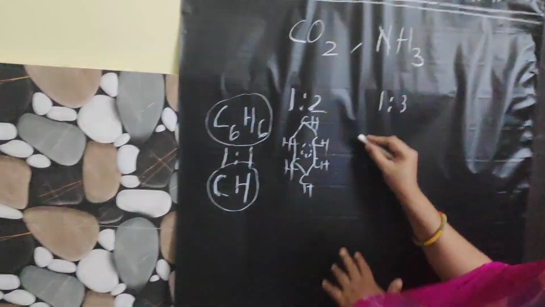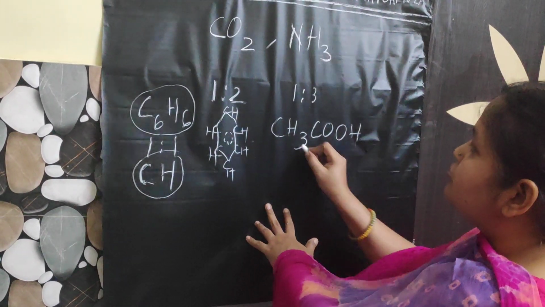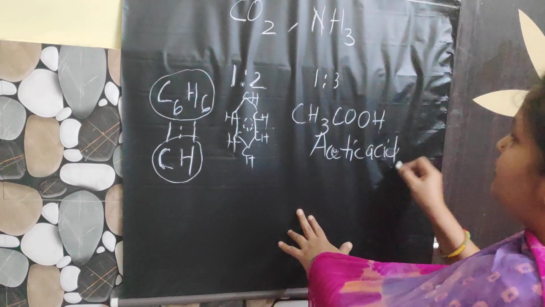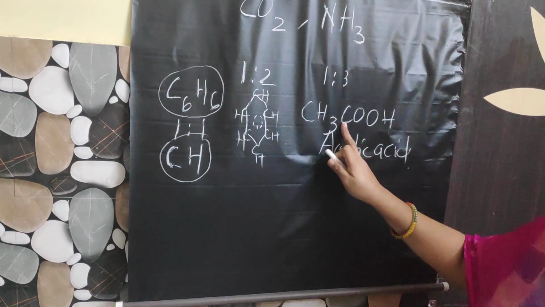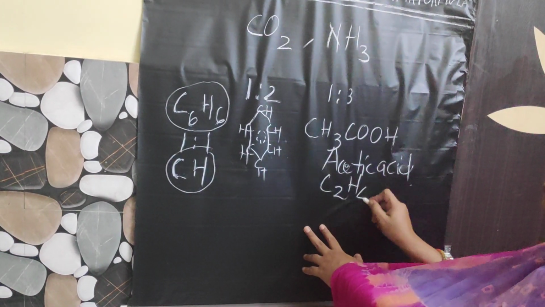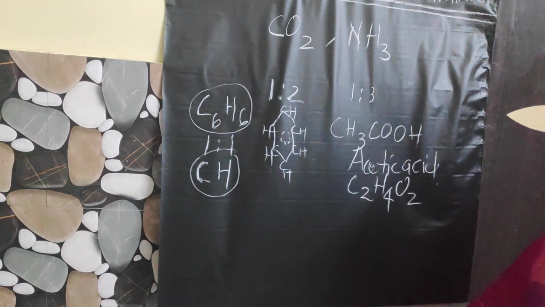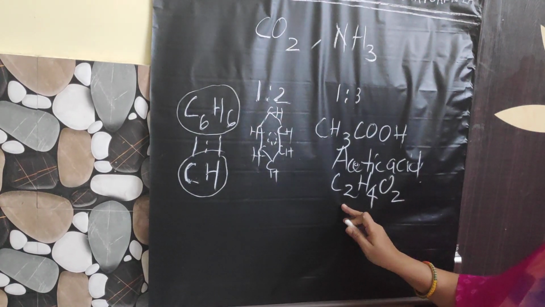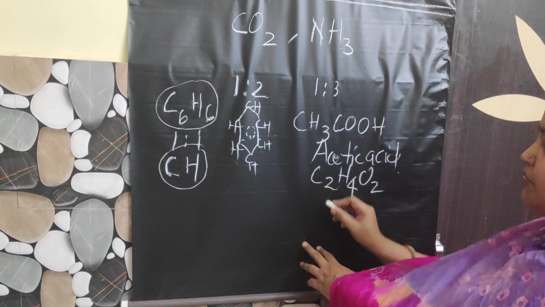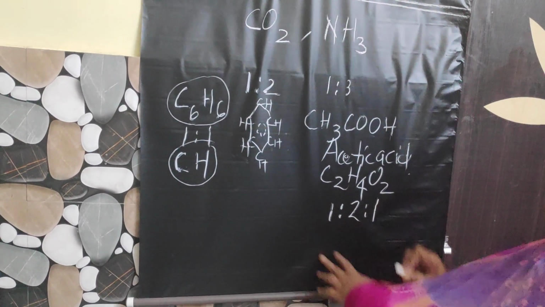Now we have acetic acid, CH3COOH, also known as ethanoic acid. Here we can see we have 2 atoms of carbon, 4 atoms of hydrogen, C2H4O2. What is the empirical formula ratio? The carbon and oxygen are 2:2, whereas the hydrogen is double of them, so it will be 1:2:1.